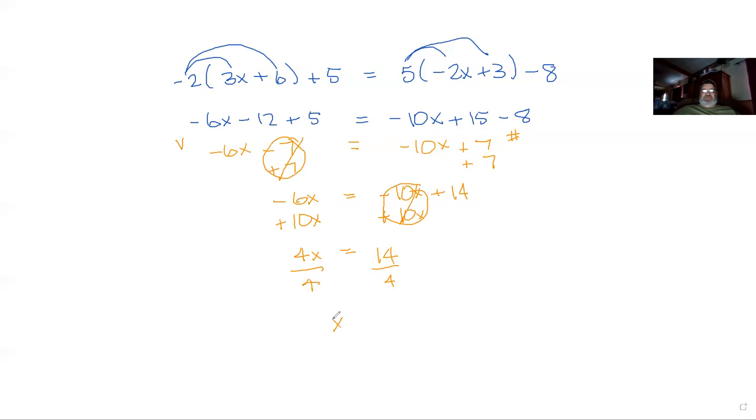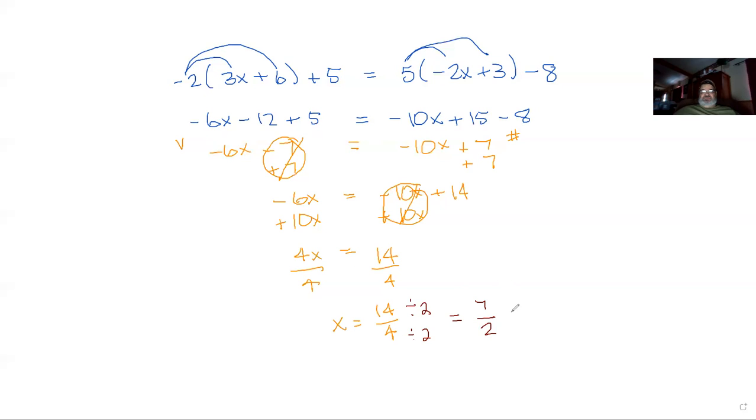So we're left with x equals 14 fourths, but we need to reduce that fraction. So 14 and 4, they're both even. So I know I can at least divide out a 2 from top and bottom. 14 divided by 2 gives us 7. 4 divided by 2 gives us 2. So 7/2. That's a perfectly legitimate answer.